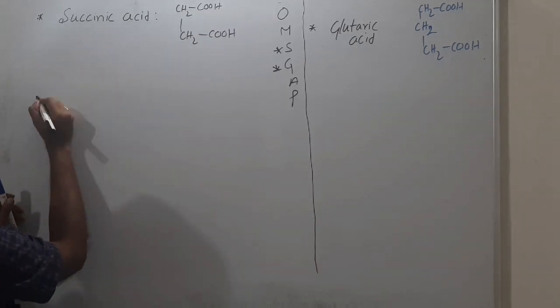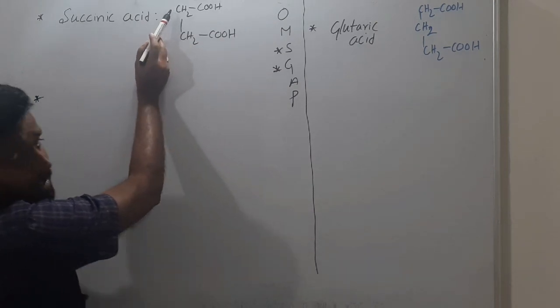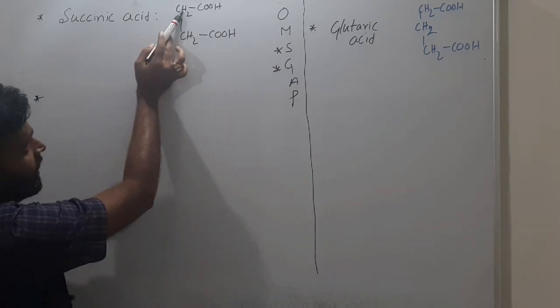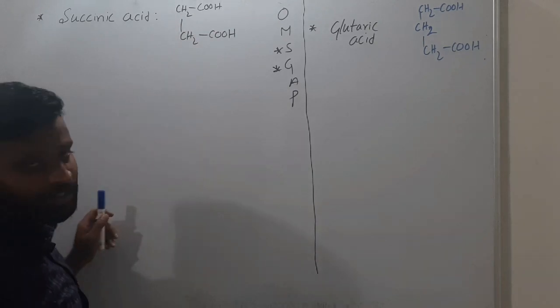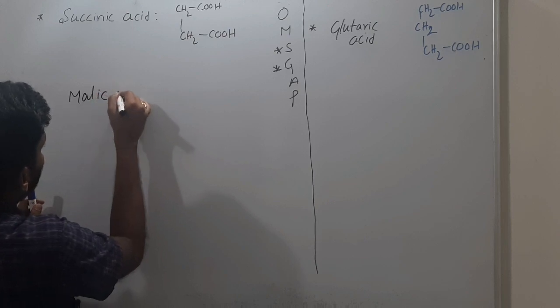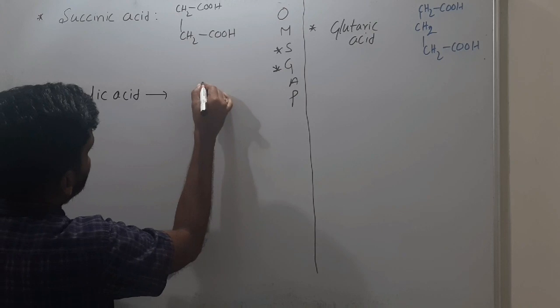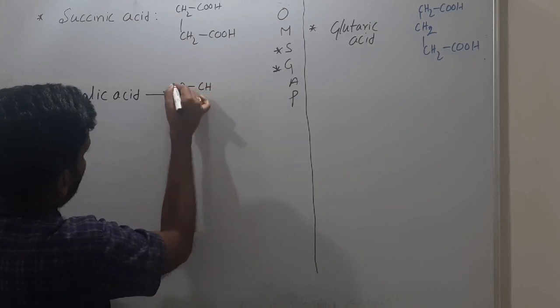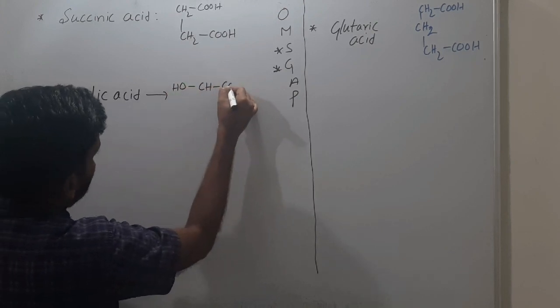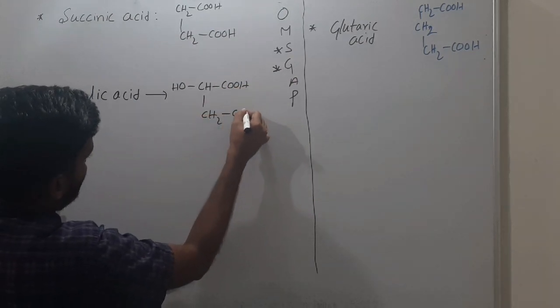From succinic acid, if at one of the CH2 groups you have OH instead of one hydrogen, that is called malic acid. What is that acid called? Malic acid. Malic acid means like this: CH, OH, COOH and CH2COOH.